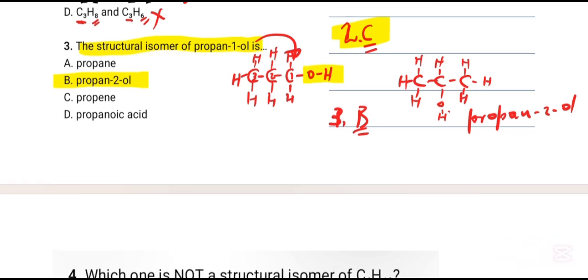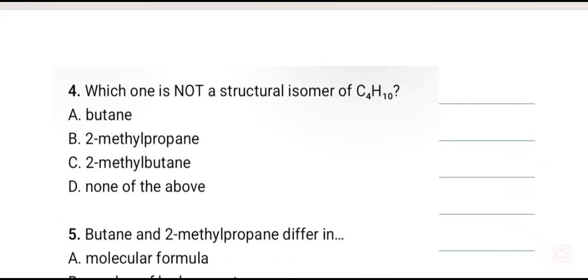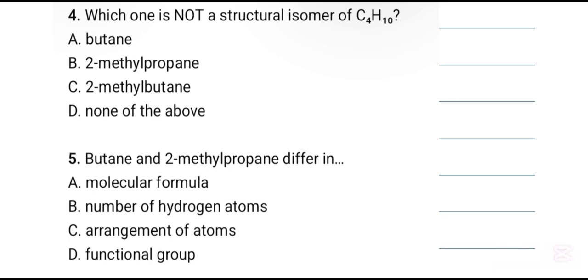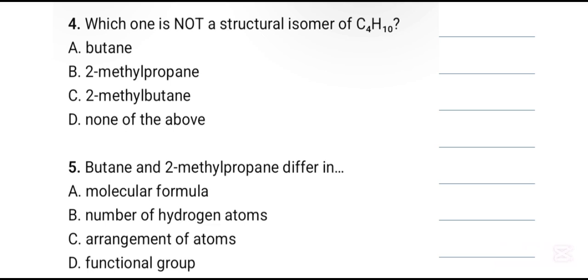Let's quickly go to question number 4. Which one is not a structural isomer of this? So let's draw all the structural isomers for this one. The isomer that we can have here: carbon 1, 2, 3, 4. There are 4 carbon atoms, then hydrogen atoms, 10. That is the first one.